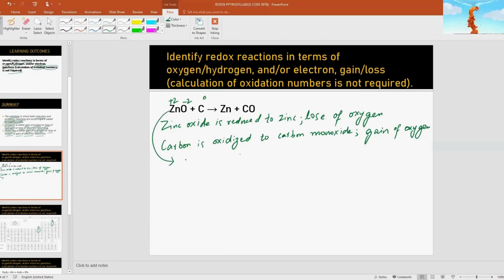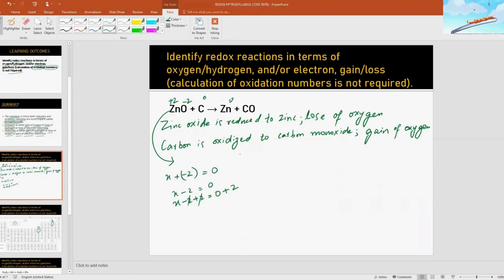For ZnO, if we consider x for Zn, and we know that oxygen carries -2, the overall charge is 0, so it will become x - 2 = 0, x - 2 + 2 = 0 + 2. In this way, you will get the charge on zinc also. Now look at the product side. Zn does not carry any charge, so we'll write 0.